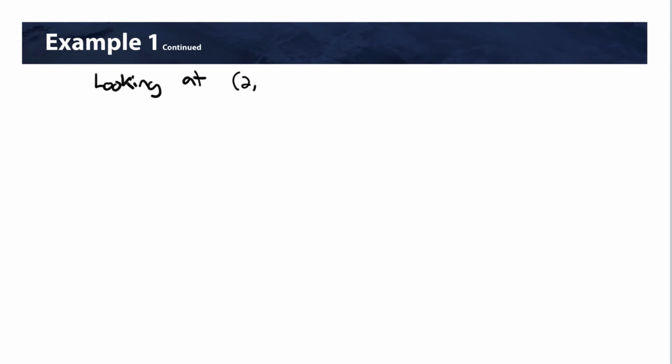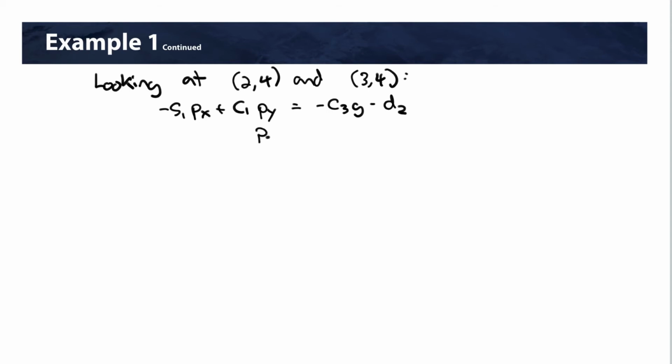That's elements 2,4 and 3,4 of our homogeneous transform. Let's write them out here. We have minus S1px plus C1py equals minus C3g minus D2. And we have Pz is equal to minus S3g.